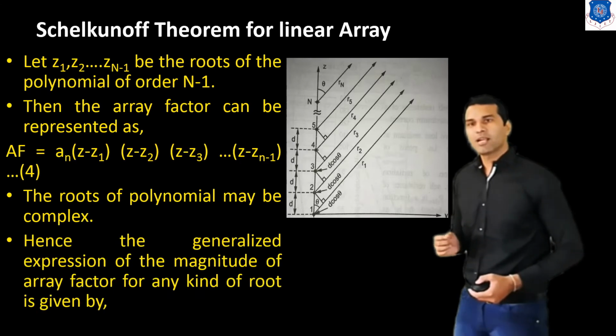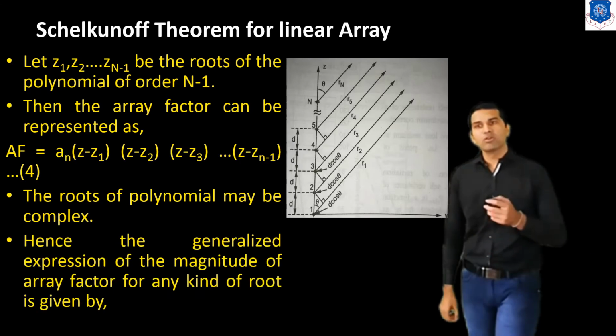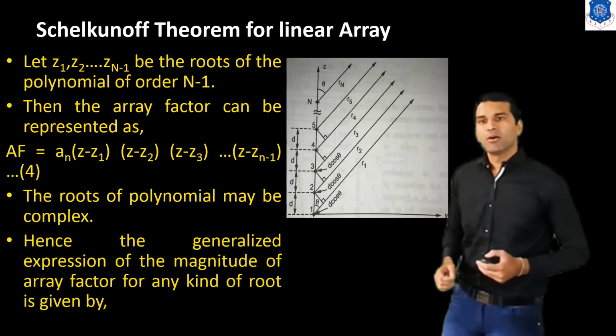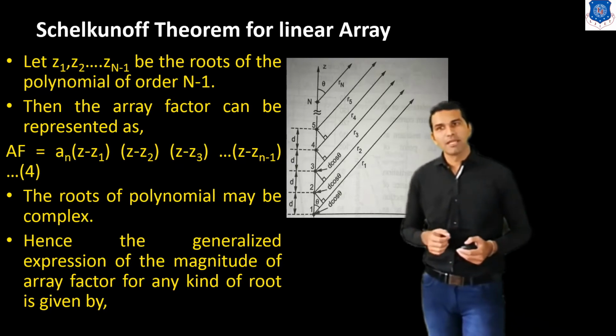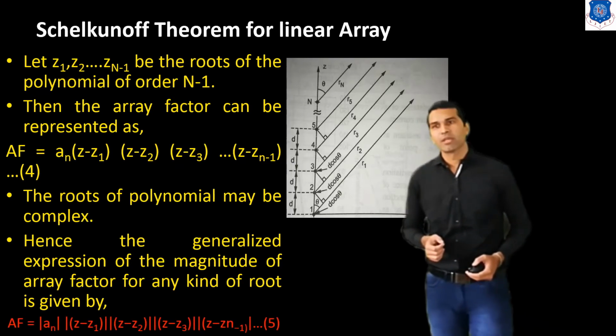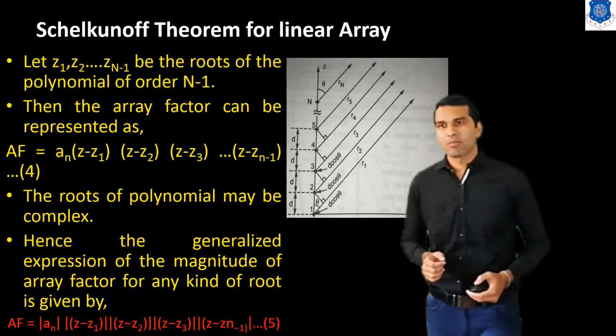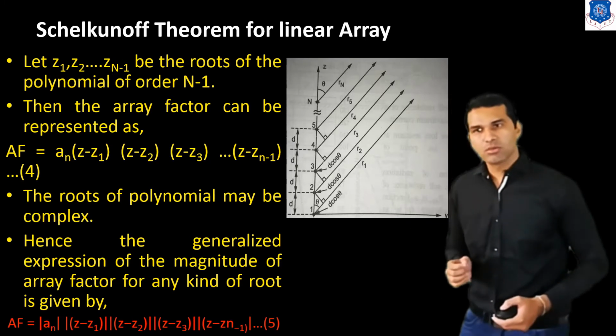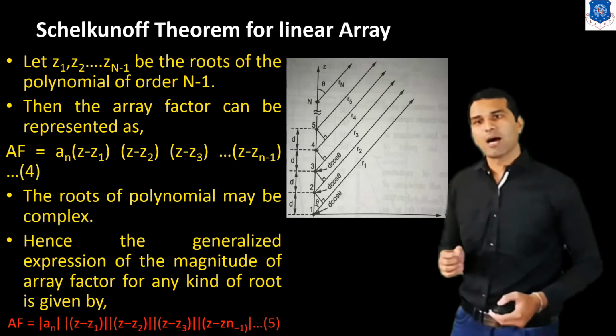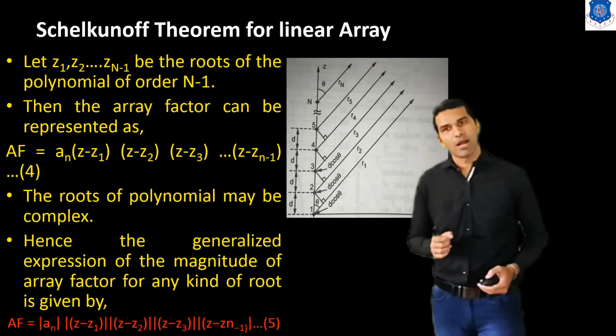Hence, the generalized expression of the magnitude of the array factor for any kind of root is given by the magnitude of a_N times the product of |z minus z1|, |z minus z2|, |z minus z3| up to |z minus z_(N minus 1)|.